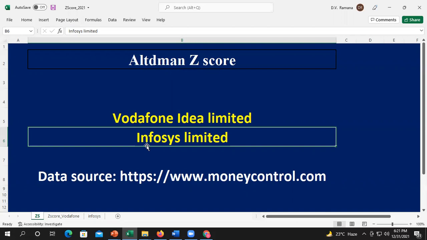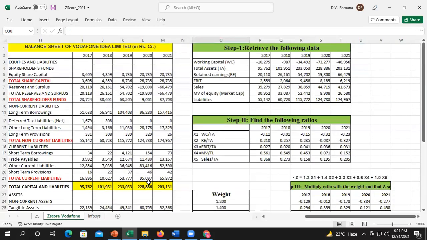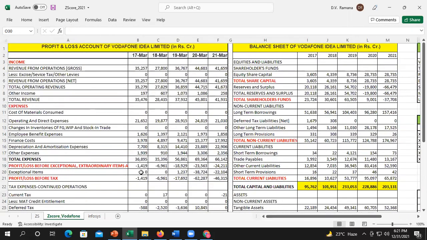Now let us see the behavior of the Z-score for Vodafone and Infosys. Let us see Vodafone first. Before we see the Z-score of Vodafone, let us observe the profit and loss account and the balance sheet of Vodafone for the last 5 years, 2017 to 2021.